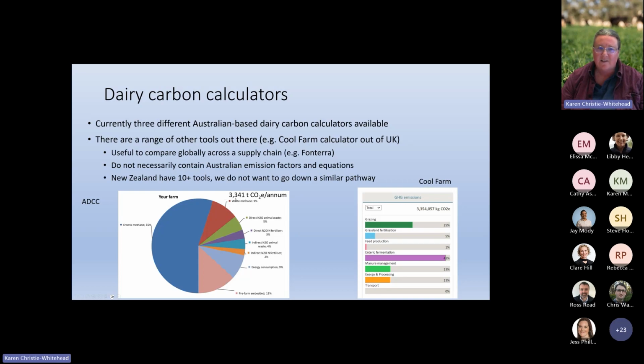With our calculator, it sits around 3,340 tonnes of CO2 equivalent per annum, whereas the Cool Farm calculator, if we make that into tonnage, was about 3,354. So it's quite a bit different, and there's a range of reasons why, and I won't touch on them either, but it just shows you that the same farm put in 2 different calculators can give you quite different results.